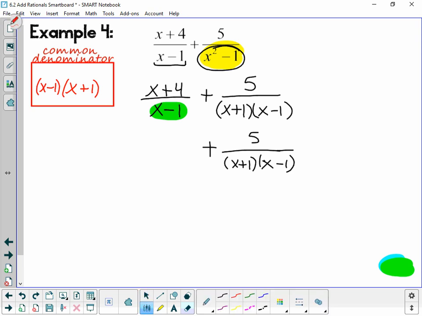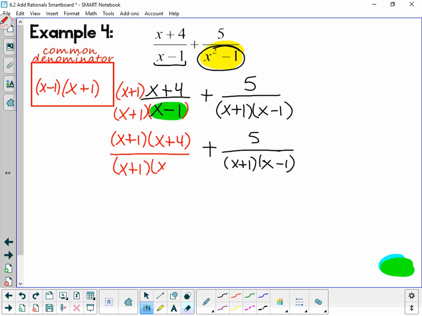To get a common denominator of x minus 1 times x plus 1, we need to multiply this fraction by x plus 1 over x plus 1. So our numerator is x plus 1 times x plus 4. Our denominator is x plus 1 times x minus 1. They are now the same denominator.